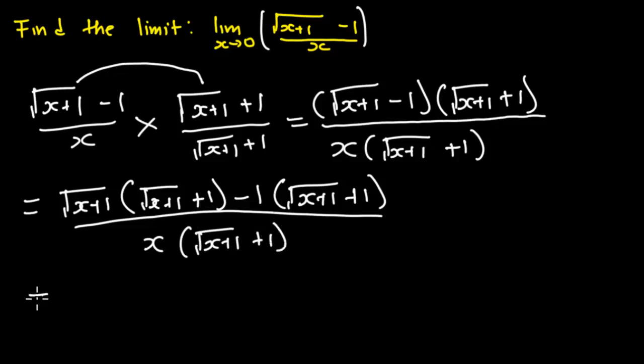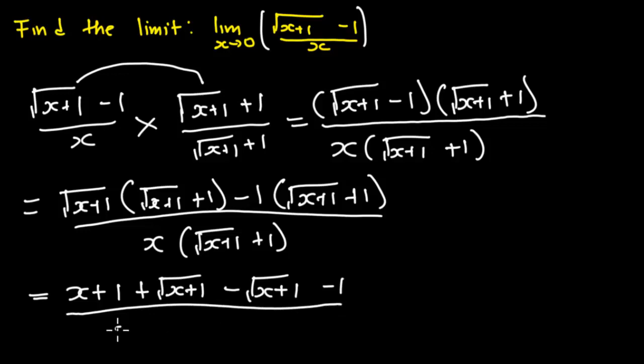And so we are going to have square root of x plus 1 into this bracket. We are going to have x plus 1 plus the square root of x plus 1. And then negative 1 into this bracket. We are going to have negative the square root of x plus 1 minus 1 all over x multiplying the square root of x plus 1 plus 1.